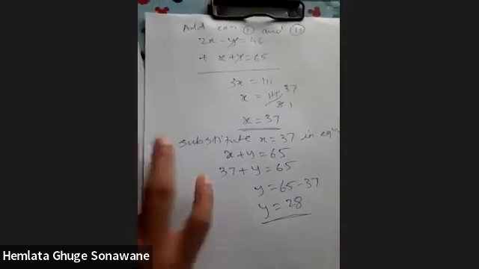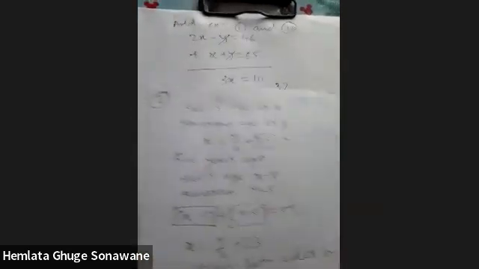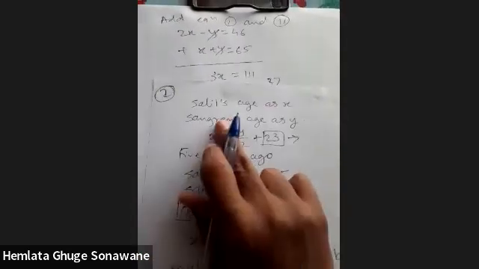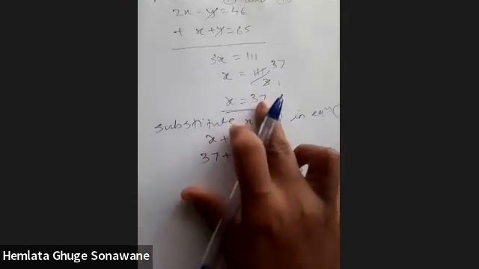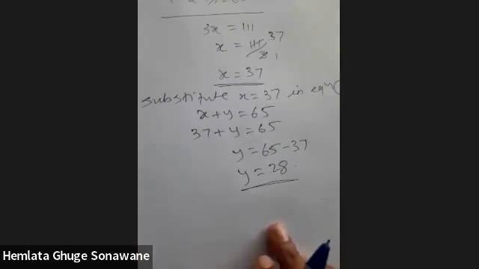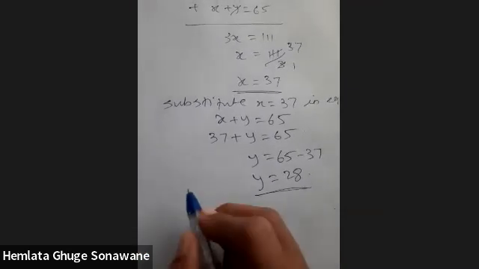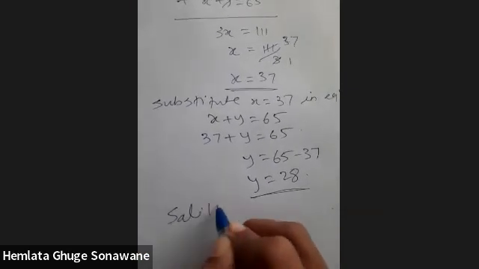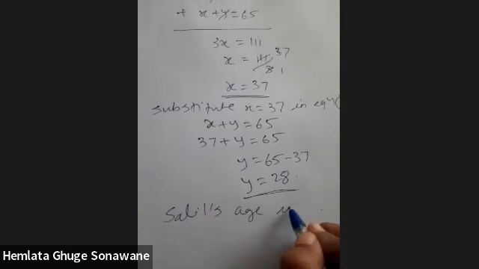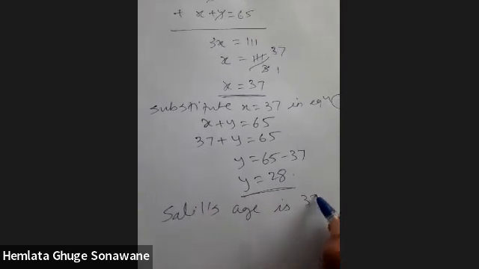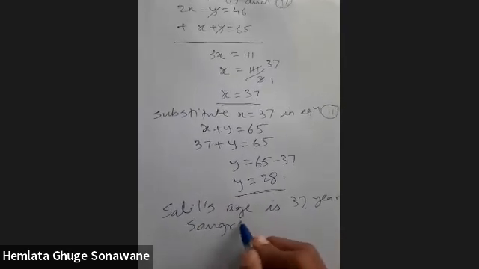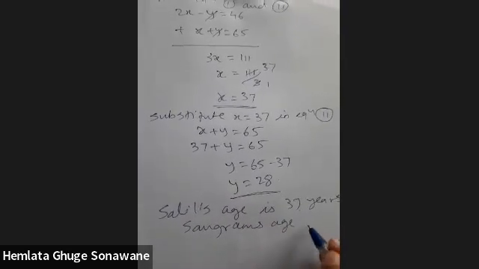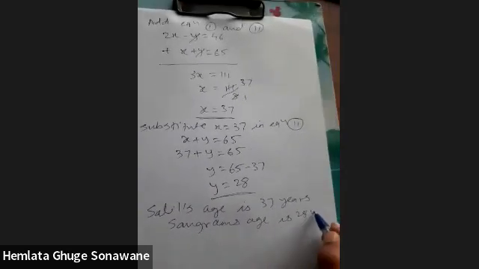Now we have considered x as Salil's age and y as Sangram's age. So the value of x is Salil's age and the value of y is Sangram's age. So Salil's age is 37 years and Sangram's age is 28 years.